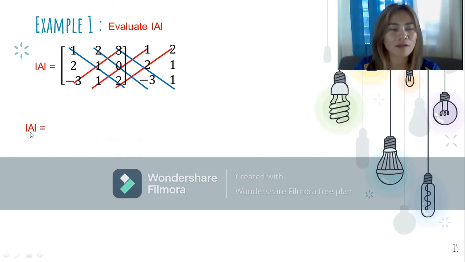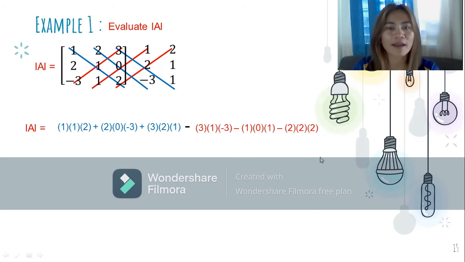So the determinant of the matrix A: you have 1 times 1 times 2, plus 2 times 0 times negative 3, plus 3 times 2 times 1. That is for the blue lines. Minus the elements under the red line: 3 times 1 times negative 3, minus 1 times 0 times 1, minus 2 times 2 times 2.